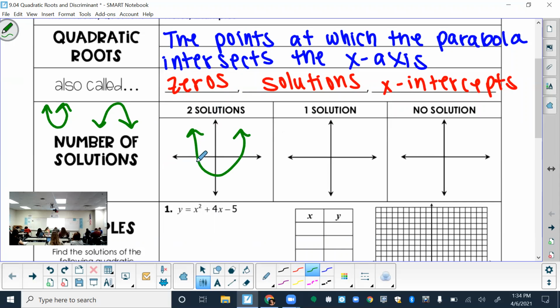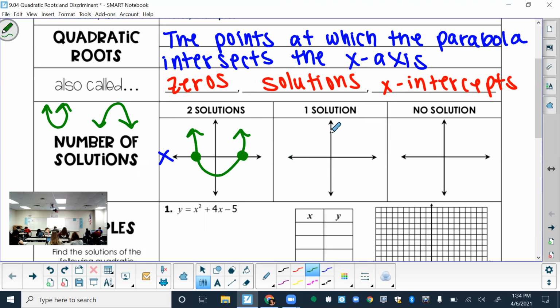And I know it has 2 solutions because it crosses the x-axis twice. So where I just drew those dots are my solutions, they're my roots, they're my zeros, they're my x-intercepts. All right, remember the x-axis is that horizontal axis, so this is where we're looking.